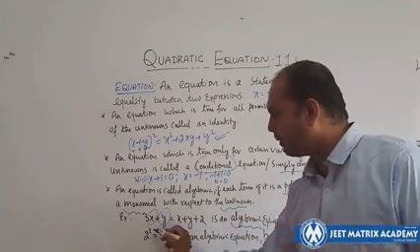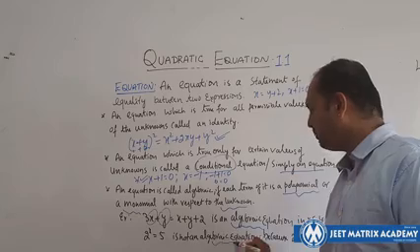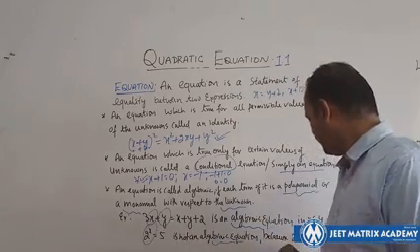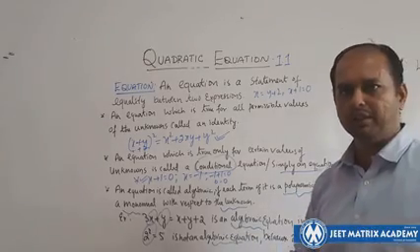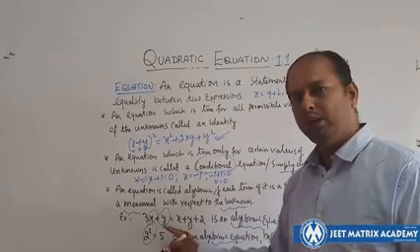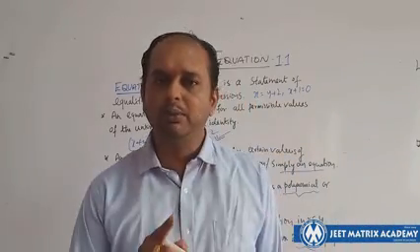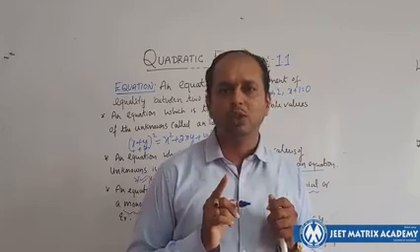But 2 to the power x equal to 5 is not an algebraic equation, because 2 to the power x is not a polynomial. Remember, for an equation to be algebraic, it should be a polynomial. That is most important.